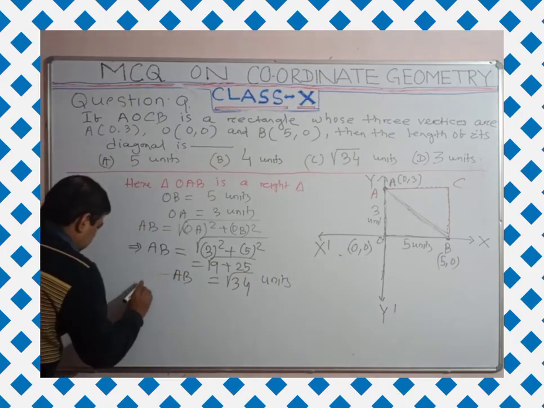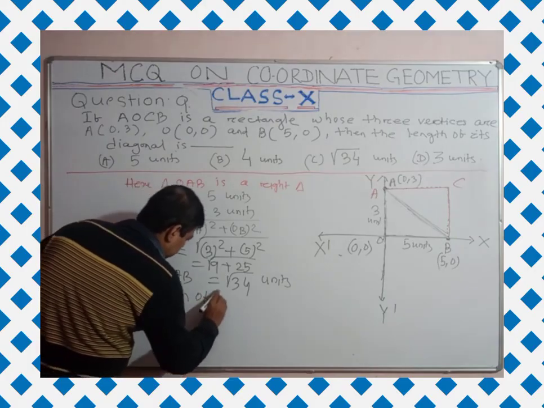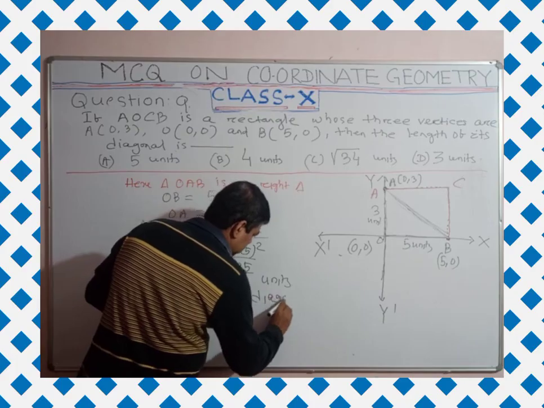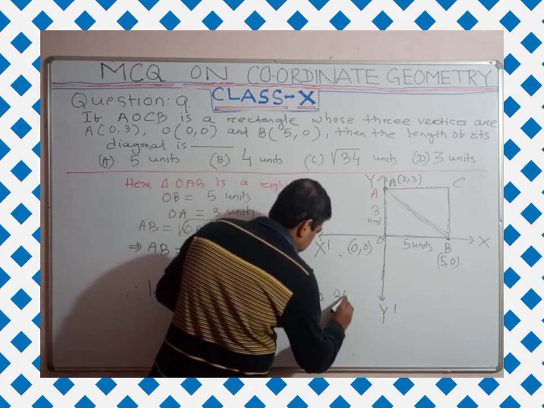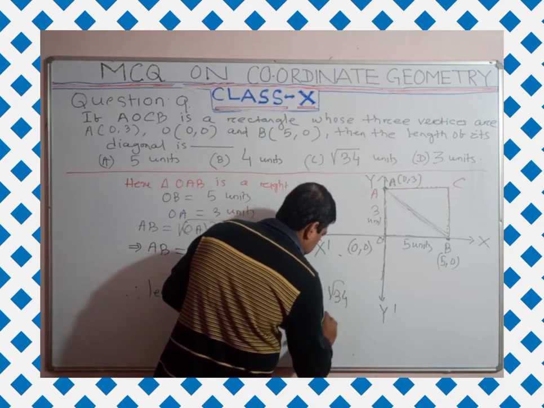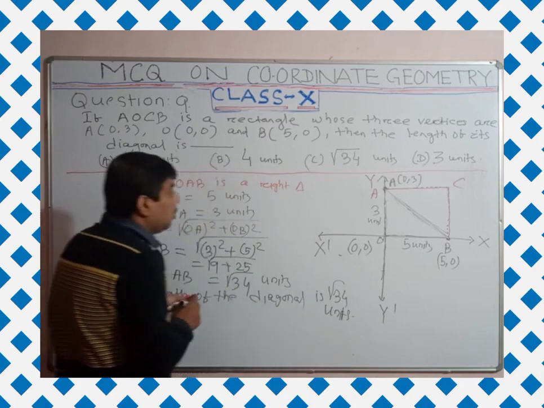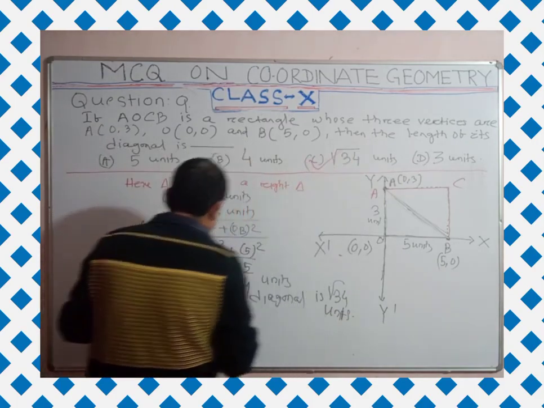Hence the length of the diagonal of the rectangle is square root of 34 units. So C is the correct option, hence option C.